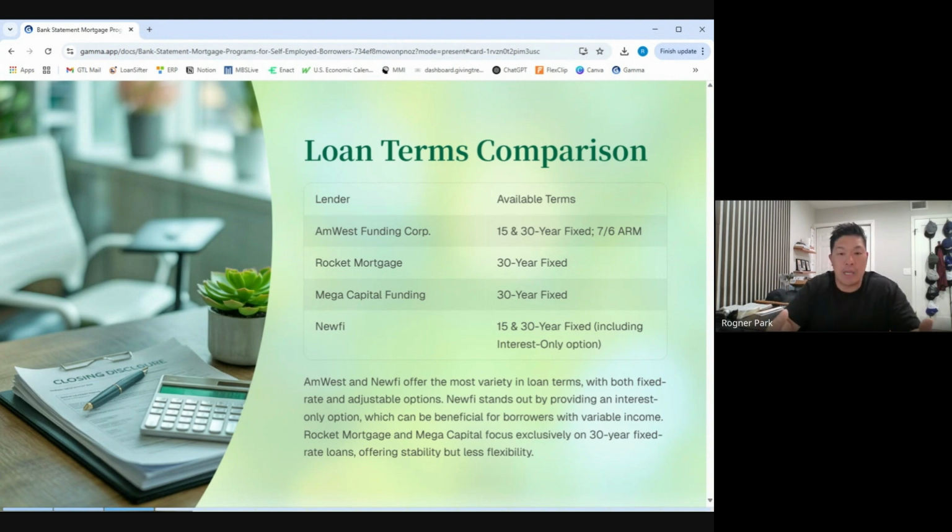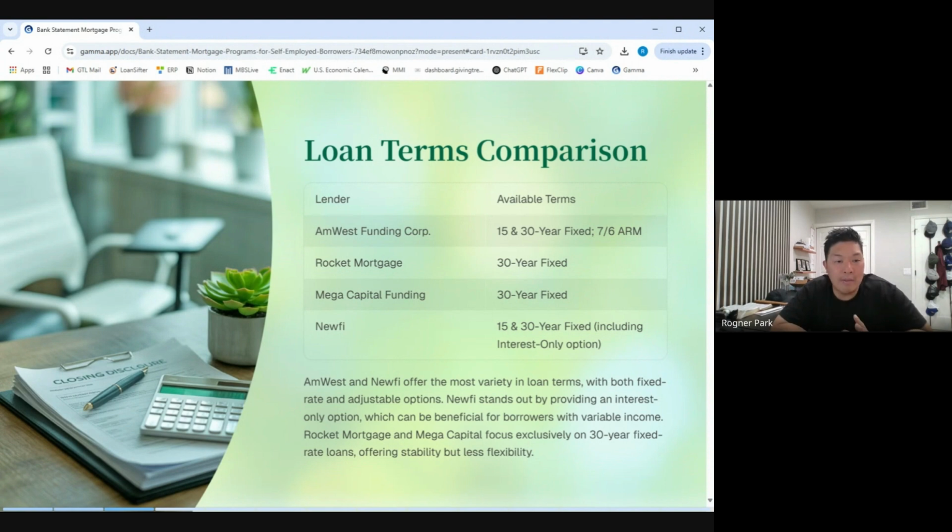Generally speaking, most lenders only offer a 30-year fixed rate, okay? And you'll understand as you get used to it, price it out, and look at their matrix. You'll see those who are very conservative, and then those who are more flexible, okay?